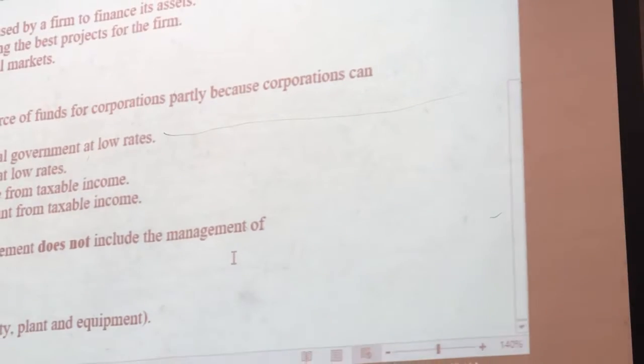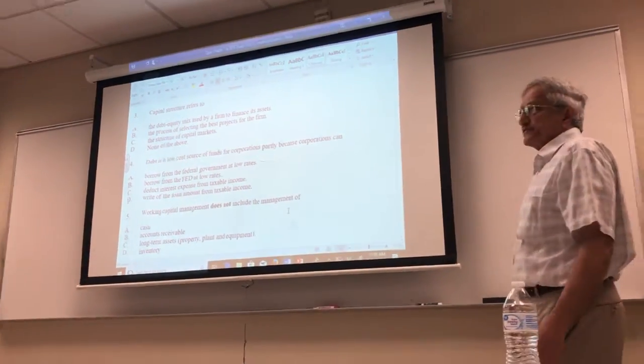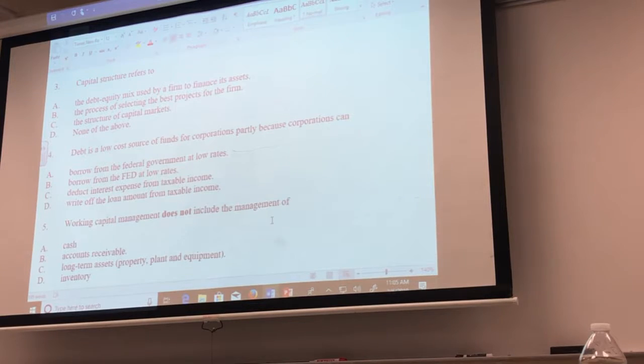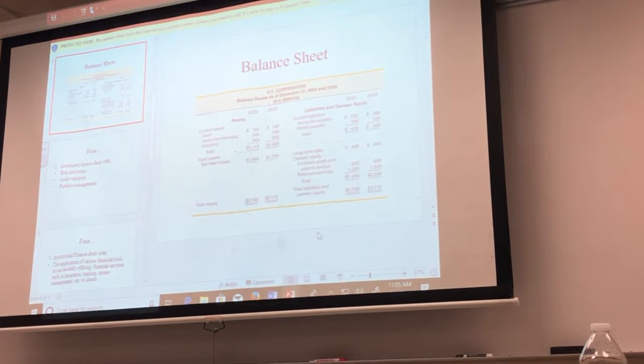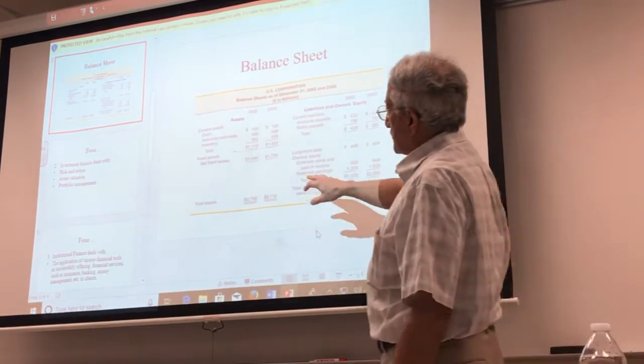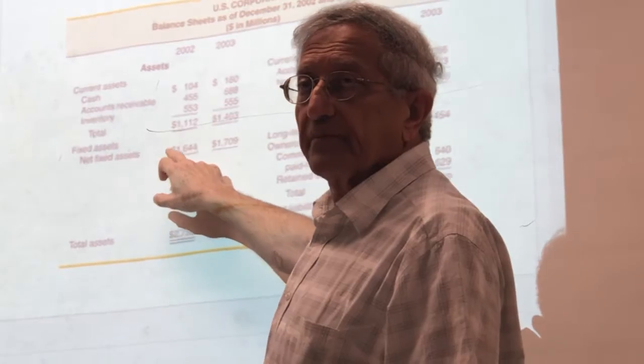And then on this quiz, as you can see, there was long-term assets. What are long-term assets? Long-term assets are fixed assets, or property, plant, equipment. So here you have property, plant, equipment.